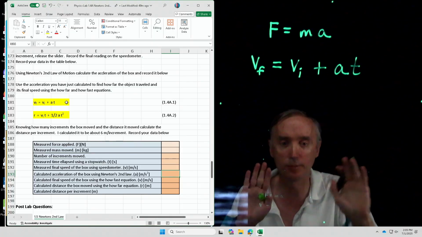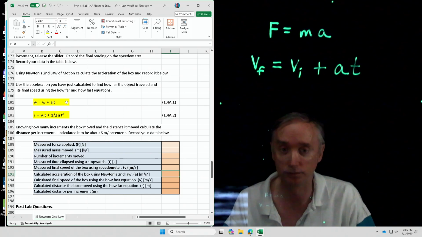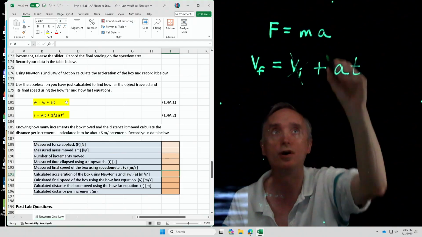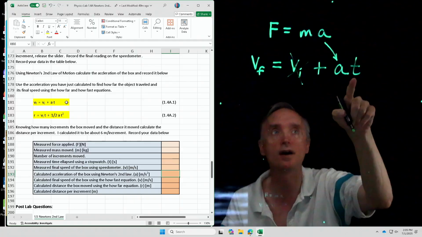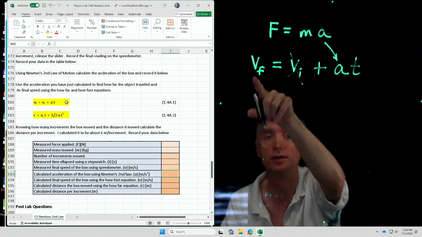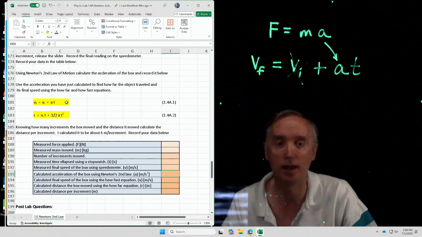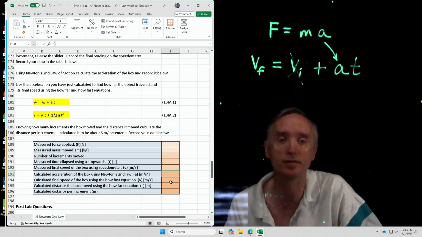Before you applied the force to the box, how fast was it going? Okay, so that means that this part isn't even there. You know the acceleration and you know the time. So calculate the final speed of the box, and then you can compare that to the measured final speed of the box with the speedometer. So this one and this one down here ought to be the same.